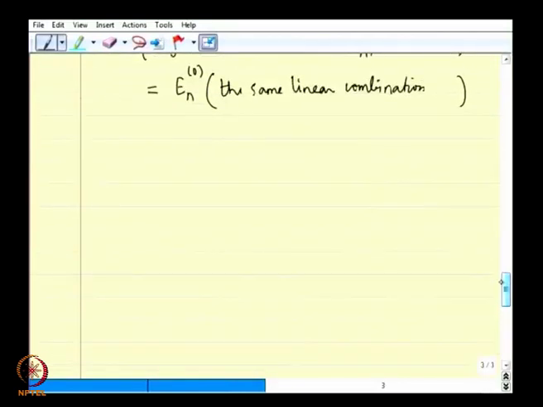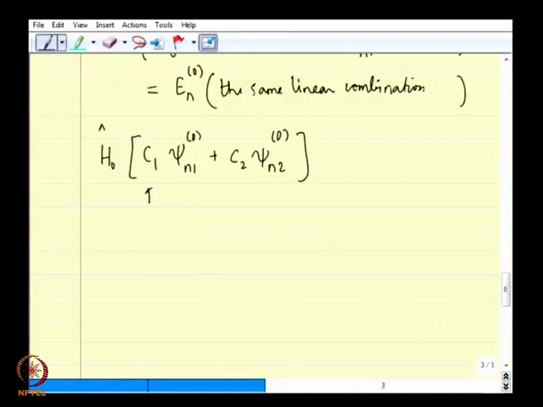Okay, so let me write H naught acting on C1 psi n1 0 plus C2 psi n2 0, where the C's are arbitrary constants.